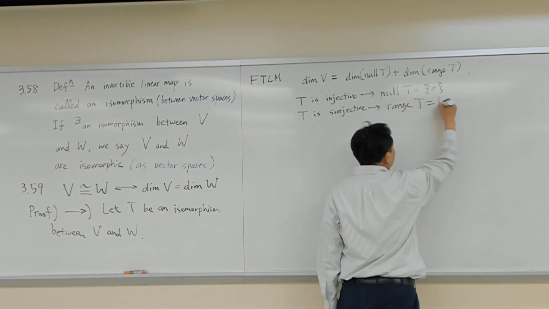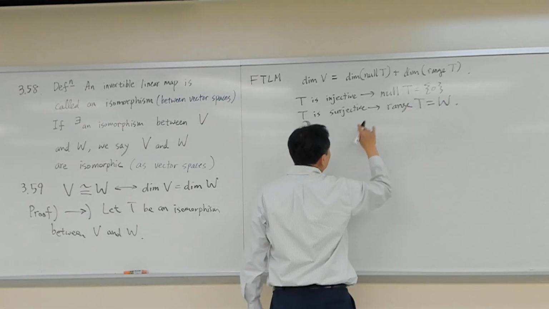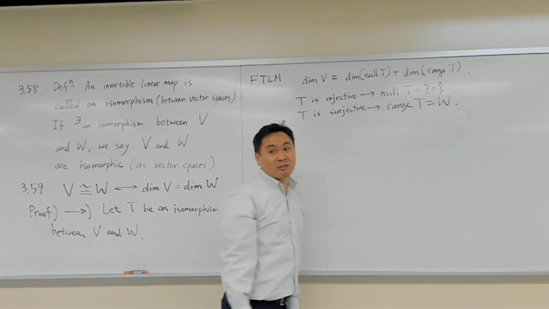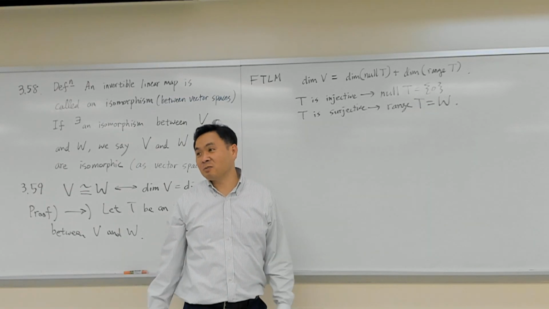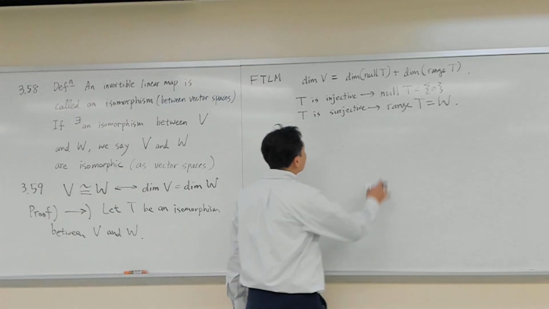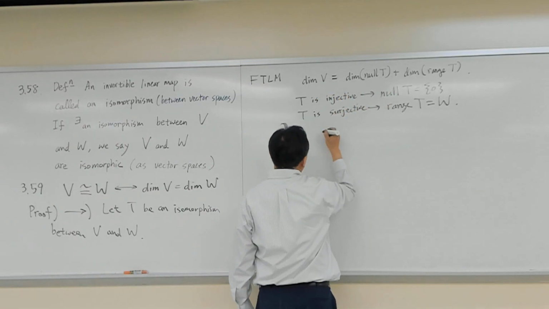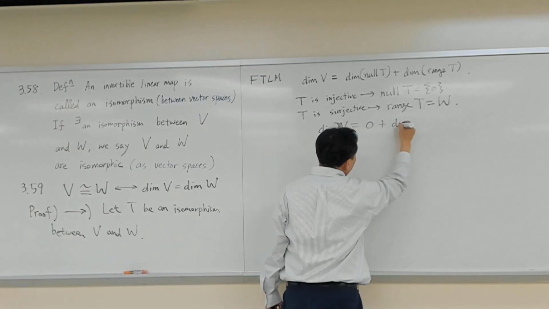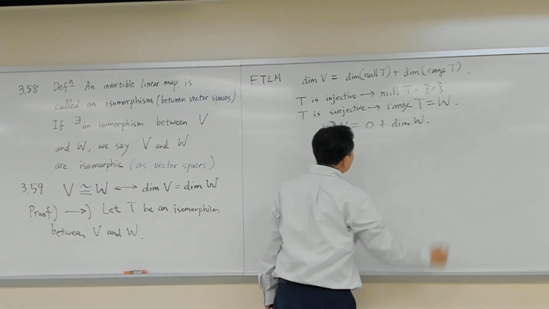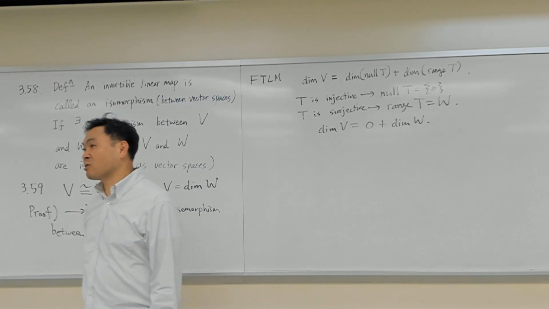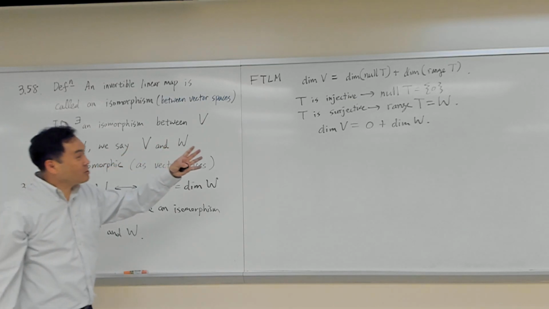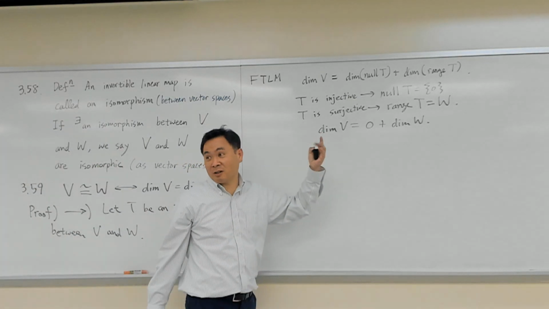W, the entire thing W. So we use that, and of course, what's the dimension of the null space? The 0. Yeah, trivial space is 0. So this is just going to be 0, and we have dimension of V equal to 0 plus dimension of W. Oh, so it's a direct consequence of the fundamental theorem of linear maps. See, no wonder it's called the fundamental theorem of linear maps, because it has so many consequences, right?